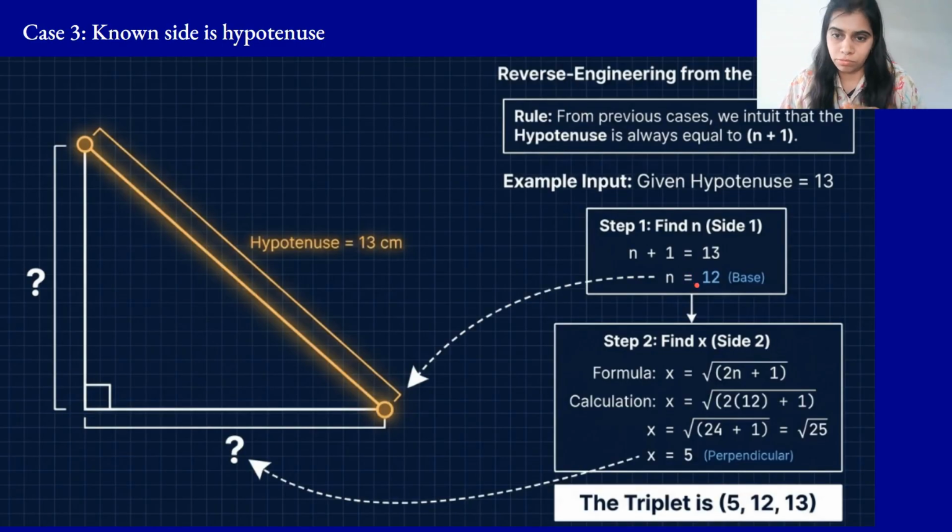You consider that as the base. Then to find the perpendicular, we use the formula square root of 2n plus 1. Our n is 12, so 12 times 2 is 24, plus 1 is 25. The square root of 25 is nothing but 5. So my triplet is 5, 12, and 13.